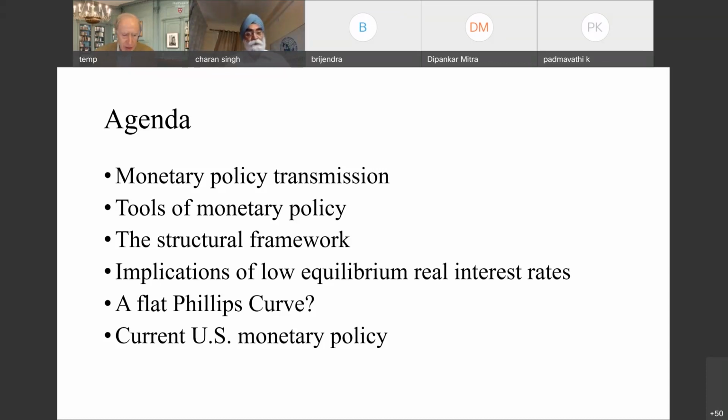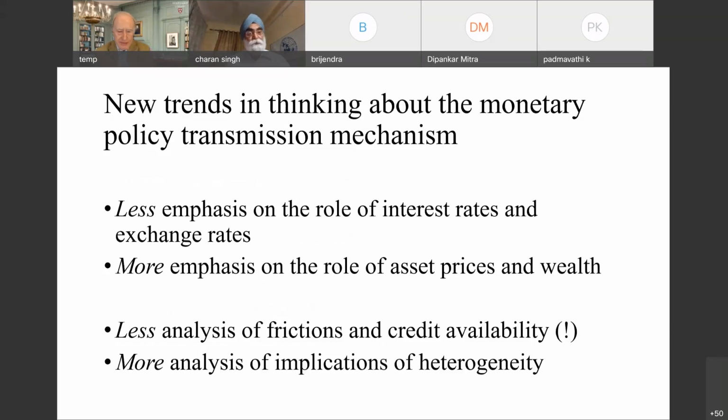So that's the agenda. Let me start with my observations about monetary policy transmission mechanism research. I would summarize the state of research in the following way.